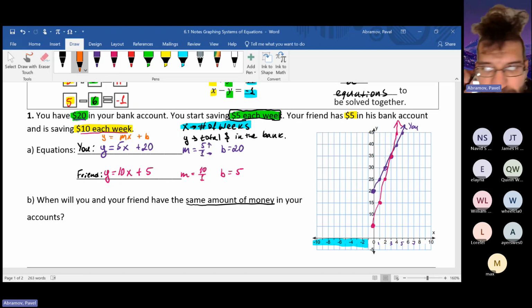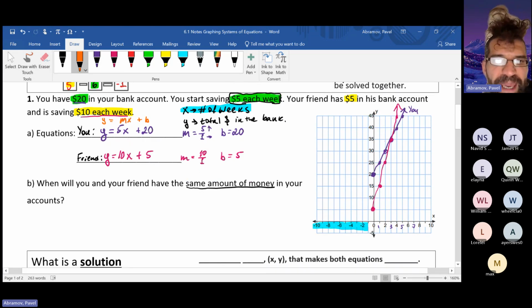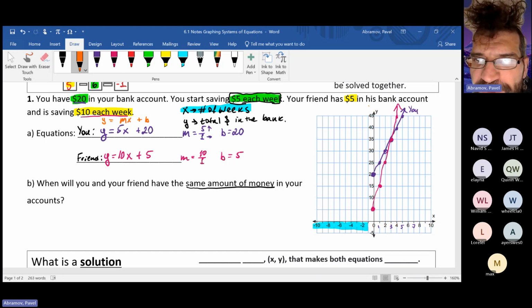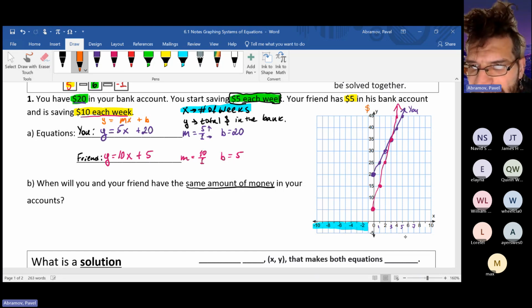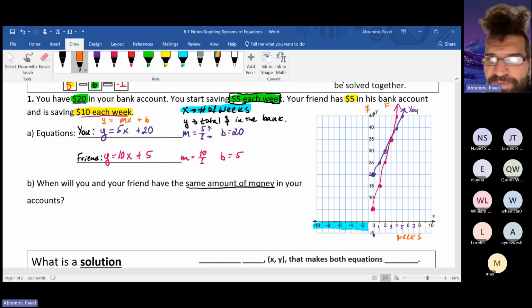So now the question is, where and when will you have the same amount of money, and what is that same amount of money? Well, remember that y represents the money and x represents weeks. So both lines that represent you and your friend, the pink one is for your friend, they both intersect right here.